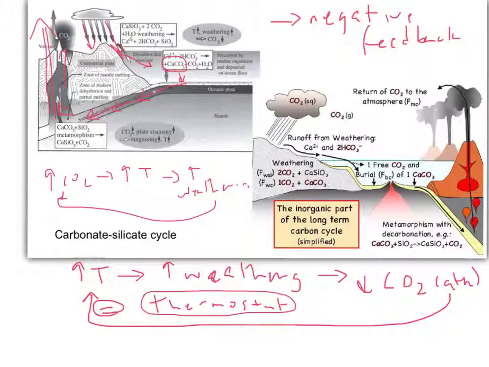Conversely, if for some reason we had a reduced amount of carbon dioxide in the atmosphere, that would lead to drops in temperature, which would lead to decreases in weathering, and then the ongoing volcanic activity would have an opportunity then to build the carbon dioxide back up in the atmosphere.